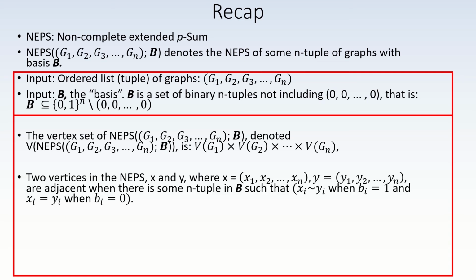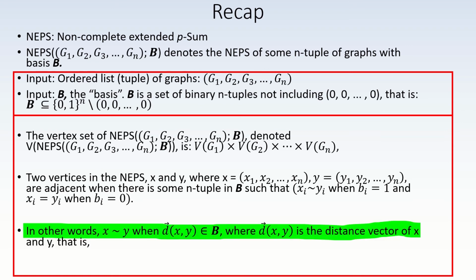Here is our first definition of adjacency in the NEPS. And then we have our newest equivalent definition of adjacency, which is that two vertices are adjacent in the NEPS if their distance vectors are elements of the basis.